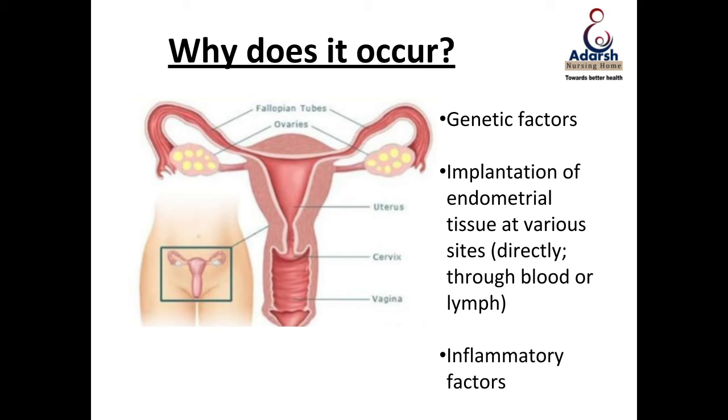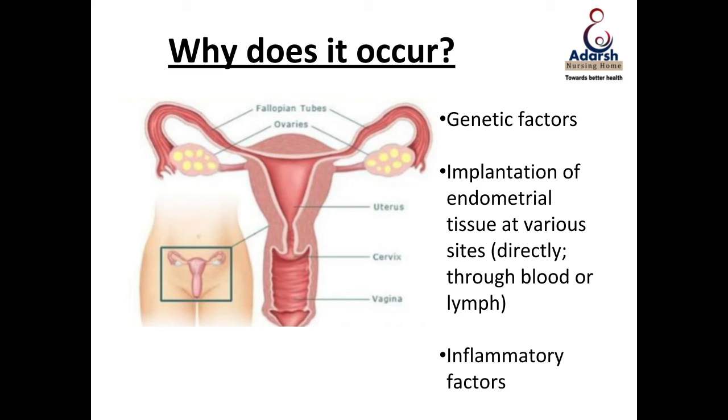It could be directly because of menstruation in the opposite direction. Suppose there is a block at the cervix, that is the mouth of the uterus, suppose it has become tight and stenotic because of a trauma or a surgery, etc. Or because of an anomaly with the uterus. Sometimes we have women who have a very tight cervix, which is just the way the uterus has formed in you. In that case, the blood will flow backwards.